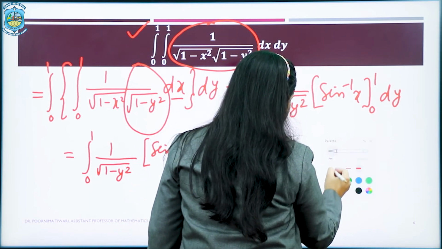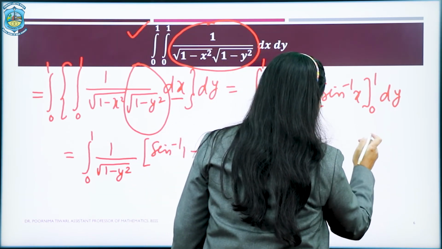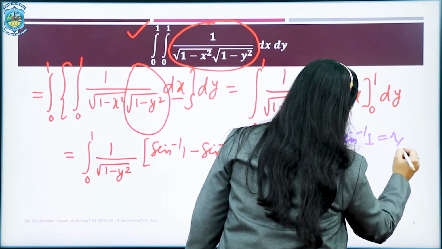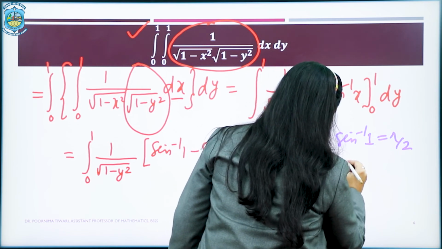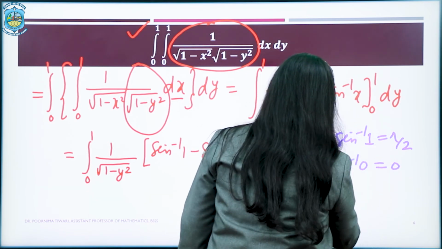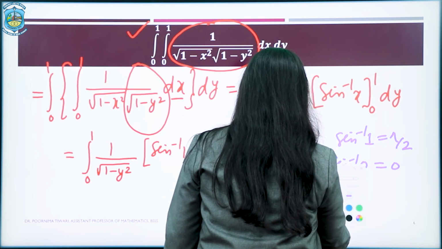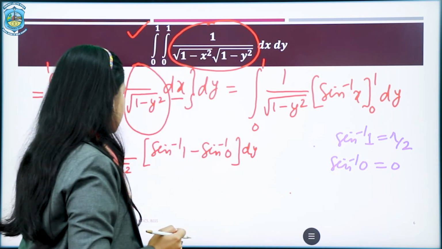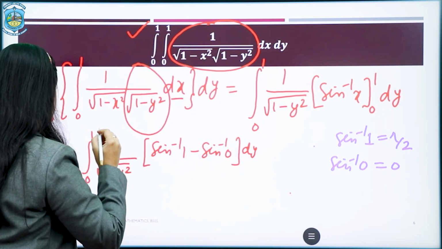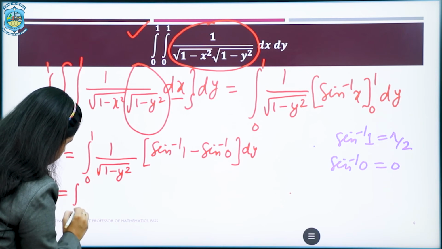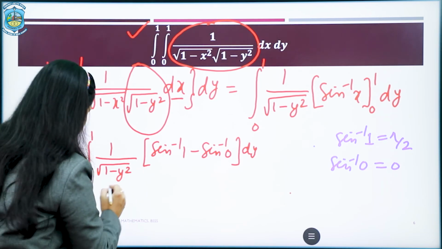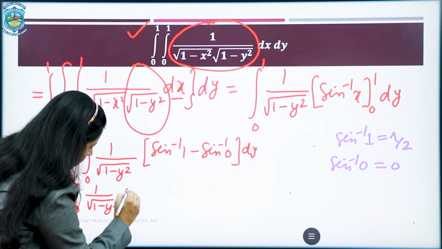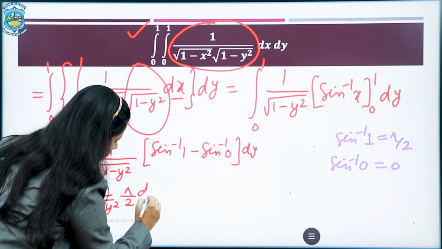Now we know that the value of sine inverse 1 is pi by 2 and sine inverse 0 is 0. So when we substitute these values, we'll get the integral 0 to 1, 1 by square root of 1 minus y square, pi by 2 dy.